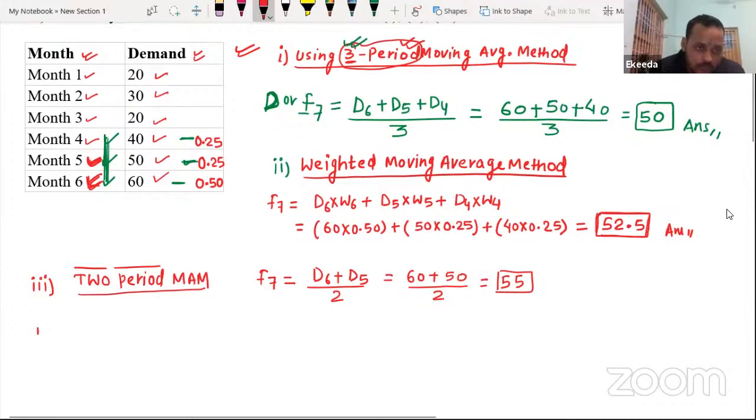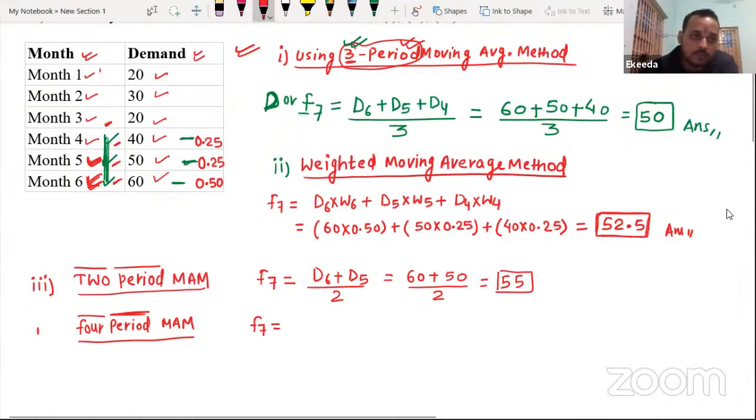Now in this question they are also saying to use the 4 period moving average method, and you have to do the same thing: find the forecast for the 7th month. Since we use 4 periods, we have to consider the records of 4 months, the latest ones. So we start from the 6th one: first, second, third and fourth.